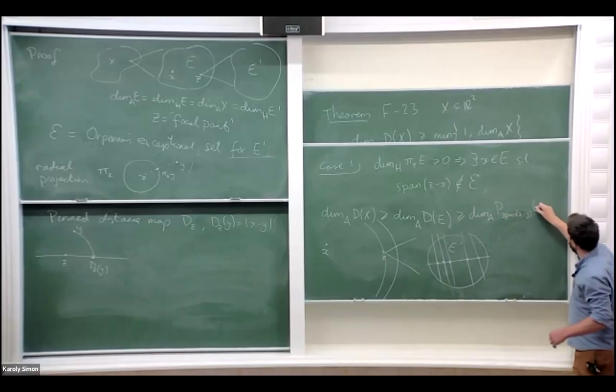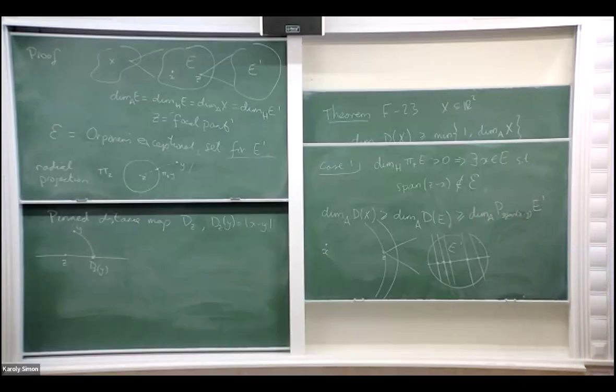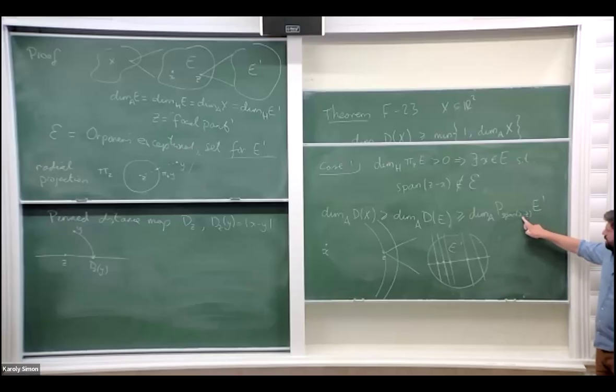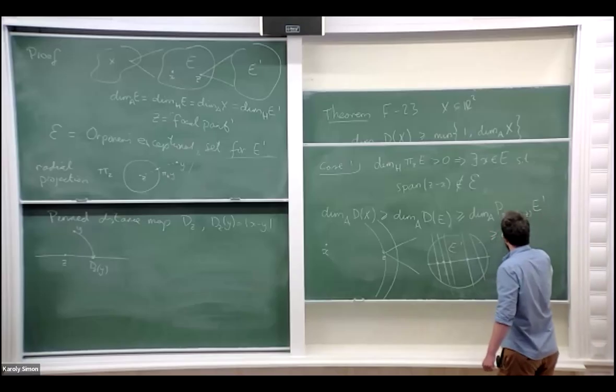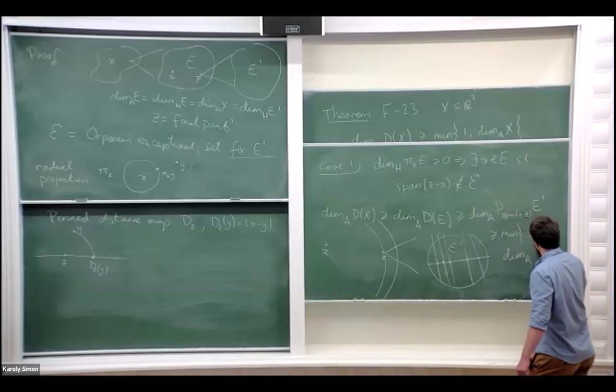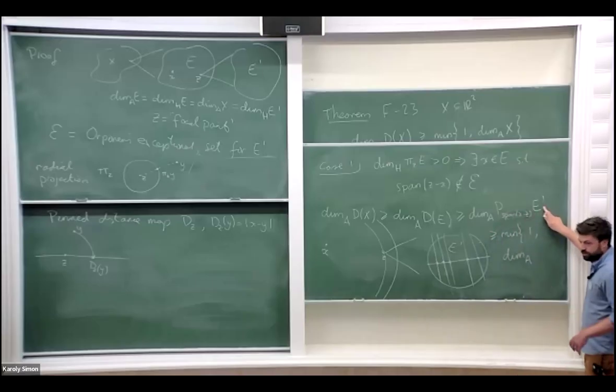E prime, great. I always hate it when the speaker does that when I'm in the audience. So I'm not in the audience, so this is my opportunity to do it. This is Z, sorry, yes. There is no Y. But now what's this? Well, the span of X minus Z is not an exceptional direction in Orponen's theorem. So this is at least the minimum of 1 and the Assouad dimension of E prime, which is the Assouad dimension of X. So we're done in that case.